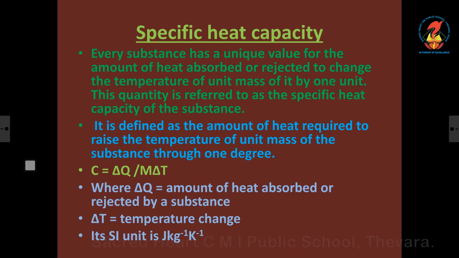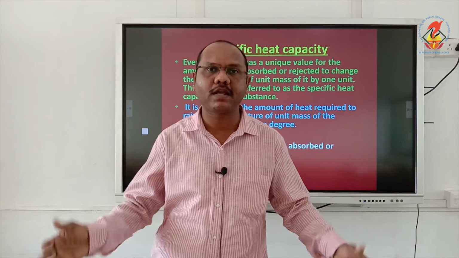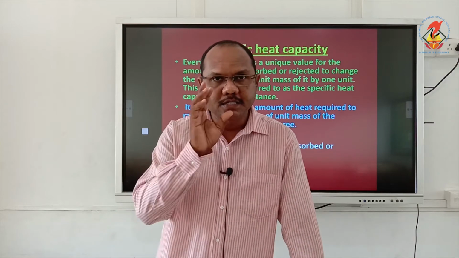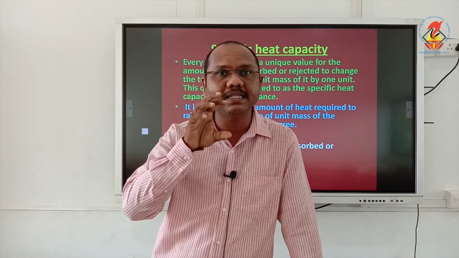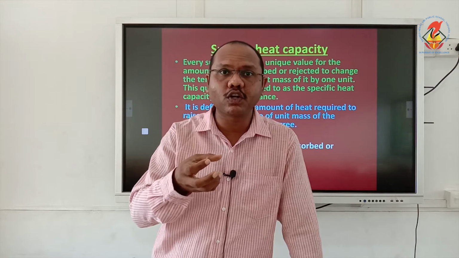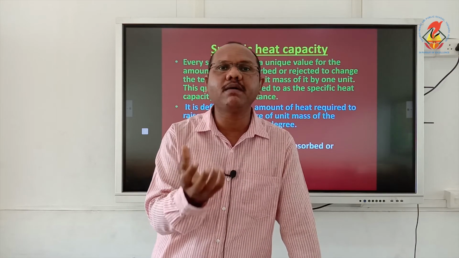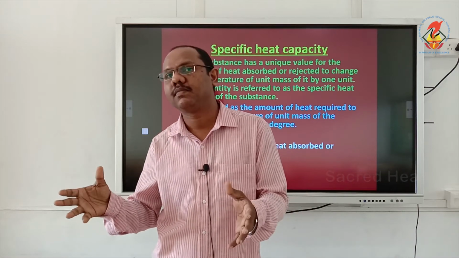Now, what is specific heat capacity? So, heat capacity and specific heat capacity are entirely different. Specific heat capacity means how much heat is required to raise the temperature of 1 kilogram of a substance by 1 degree. 1 kilogram.